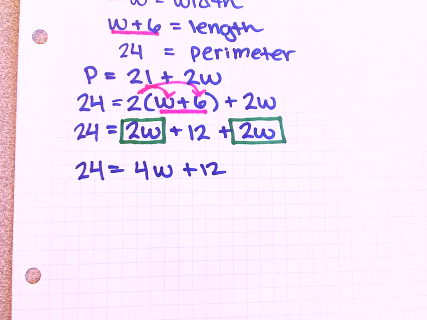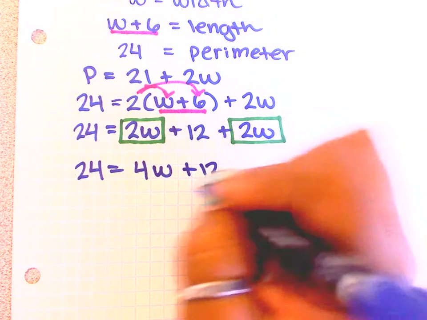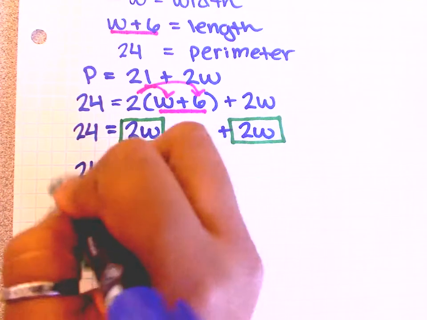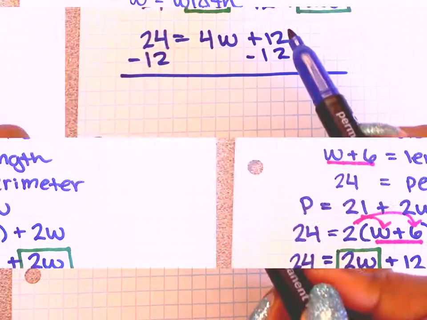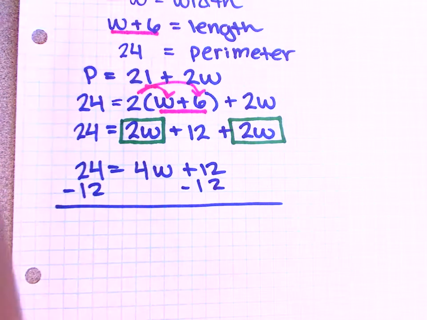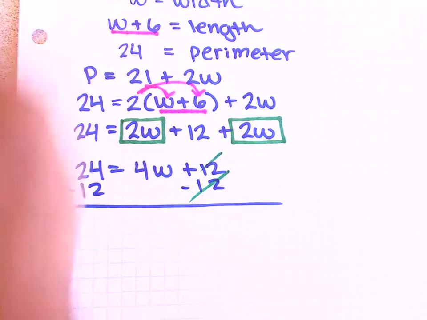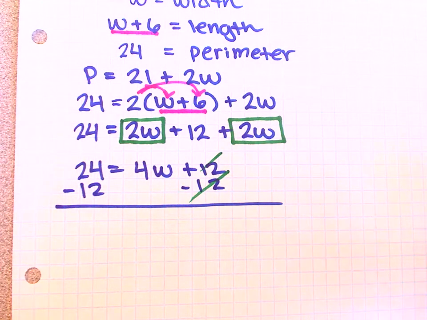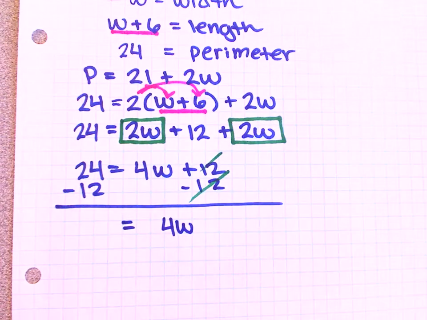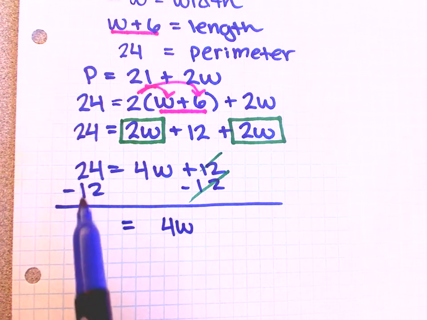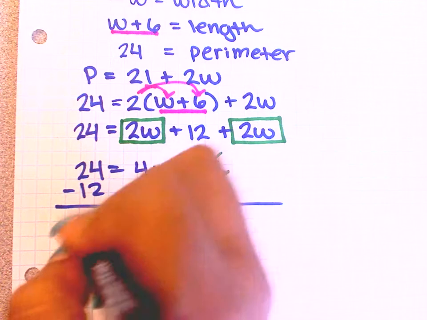Now I need to isolate my variable by subtracting 12 on both sides. Draw the line under. Positive 12, negative 12, bye-bye. They cancel each other out. On this side, I'm left with 4W. On the other side of my equal sign, 24 minus 12 gives me 12.